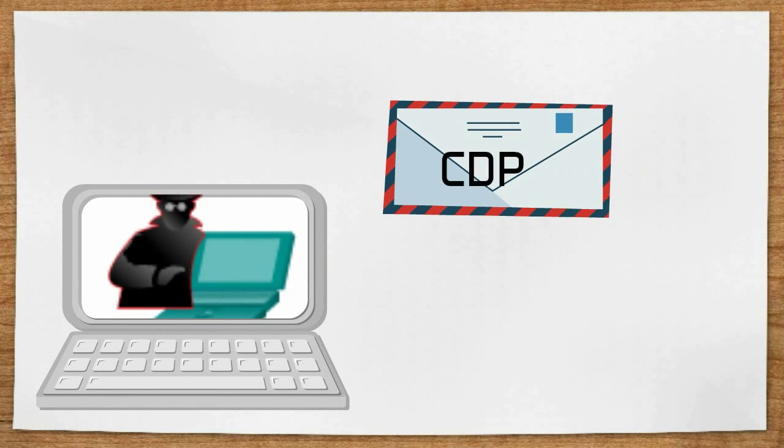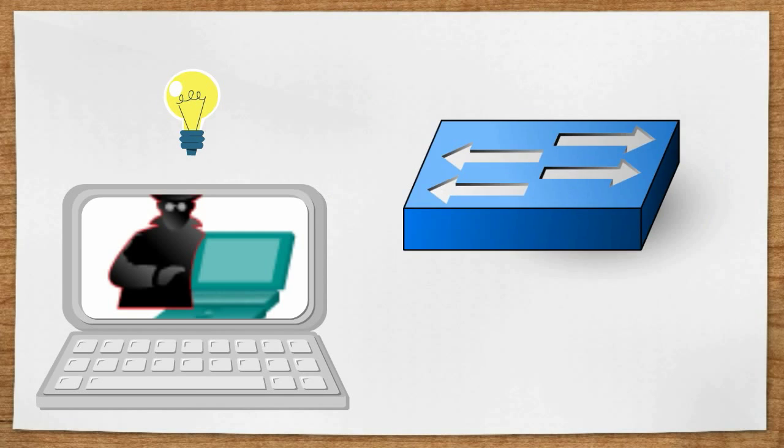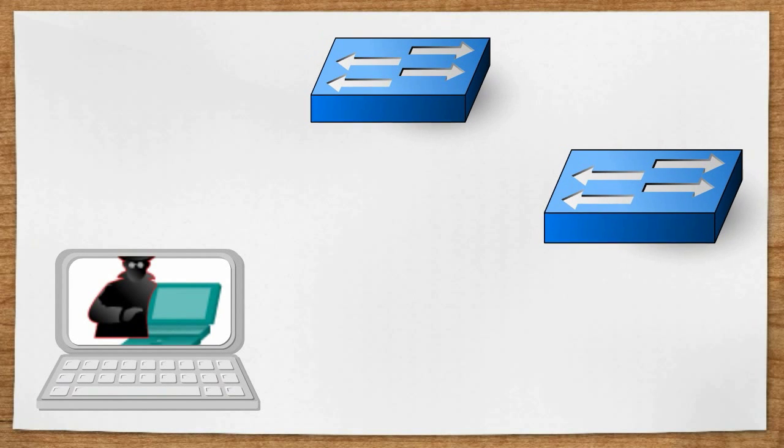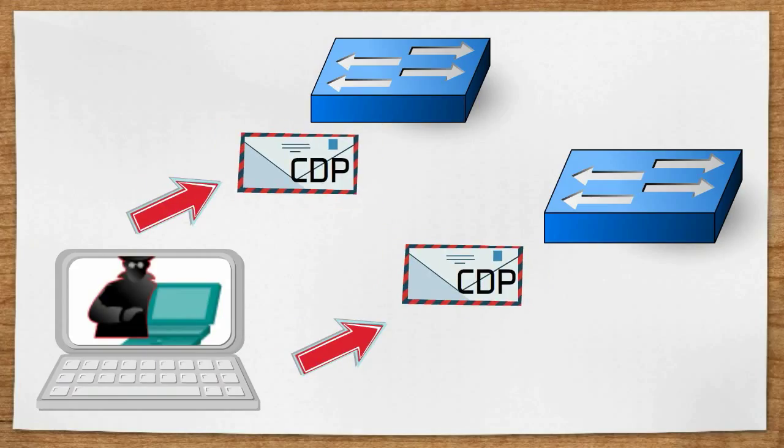Attackers can also see this information and use it to exploit switch vulnerabilities. Also, because CDP is not authenticated, attackers can send bogus CDP messages through the network and affect various Cisco devices.